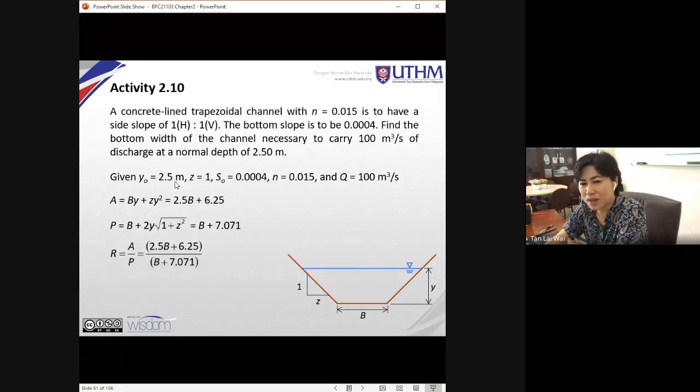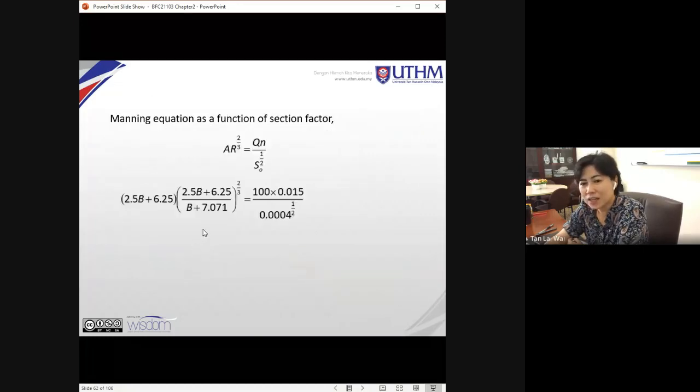The unknowns are also A and P, which you couldn't solve directly. So in this case, you also have to write your Manning equation. Manning coefficient is given. You also have to rewrite your Manning in terms of section factor. So in this question, it's B that we need to find.